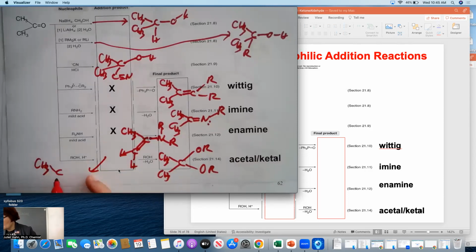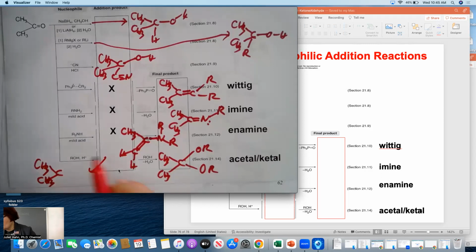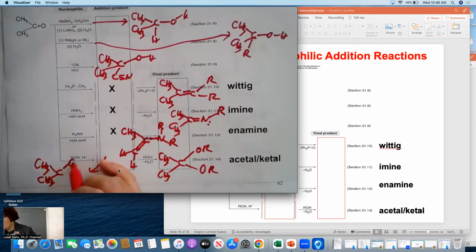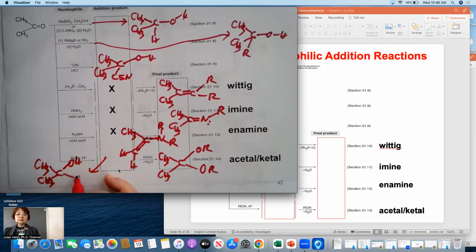And I did not put an X there, so yeah, you should know how to do that one. So that's where the OH is still there, and then you have the OR that you just added in. If you add on one more ROH, then you get the two ORs attached to the carbonyl carbon.